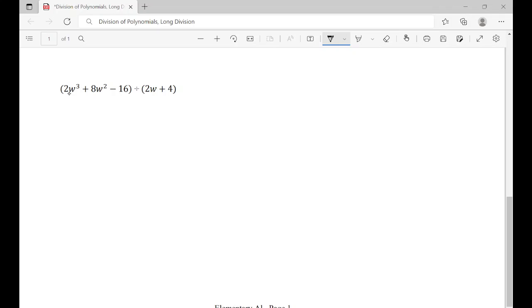Next we have 2w cubed plus 8w squared minus 16 divided by 2w plus 4. So set up my long division. So I'm going to have 2w plus 4 divided by 2w cubed plus 8w squared. But we can see here there's no w term. So I'm going to put a placeholder value, which is just going to be 0w.